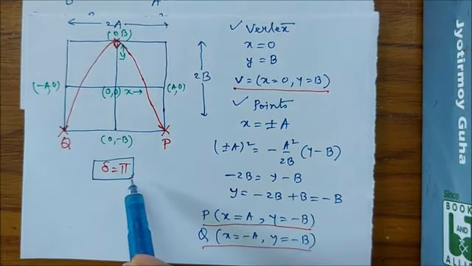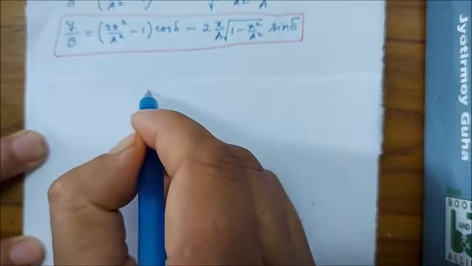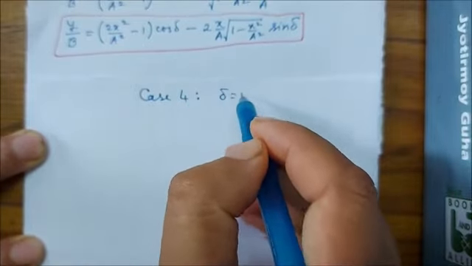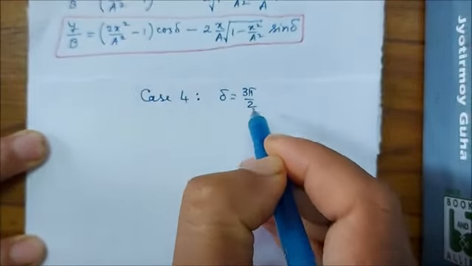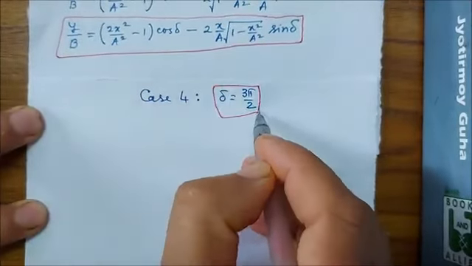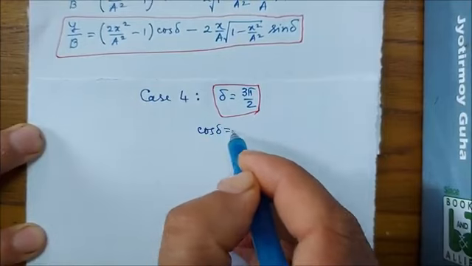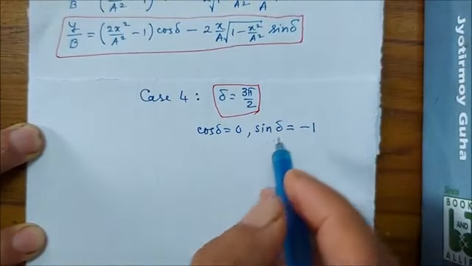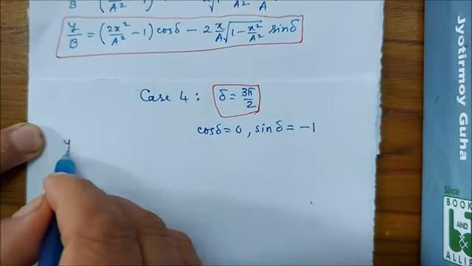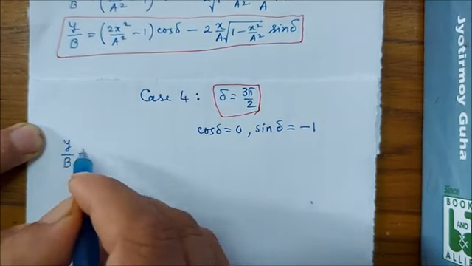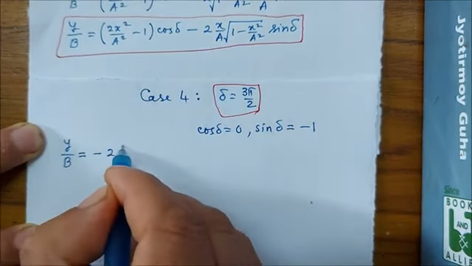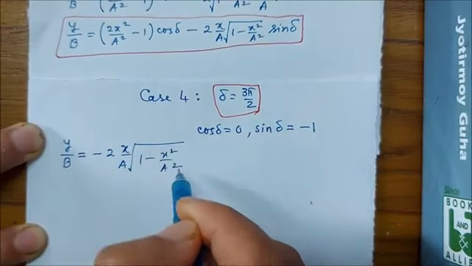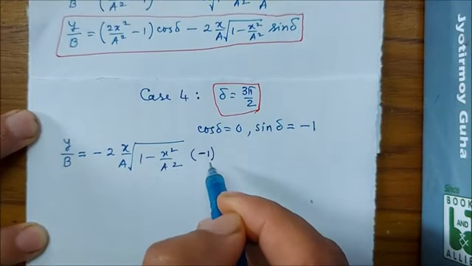Let us move over to case 4. We now discuss case 4, in which we consider the case delta equal to 3 pi by 2, at which cos delta is 0 and sine delta is minus 1, which when put in this equation, we get the second term survives only, and sine delta is minus 1.